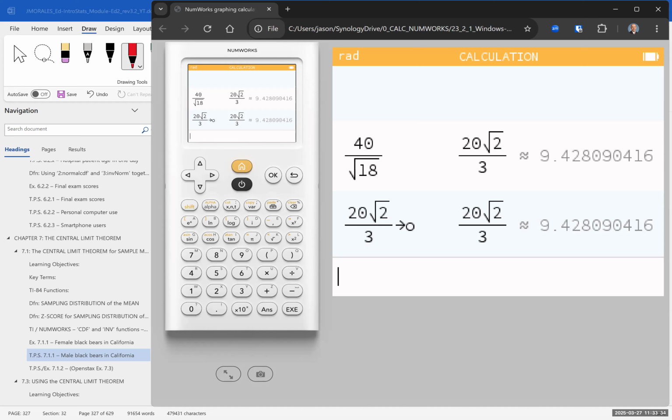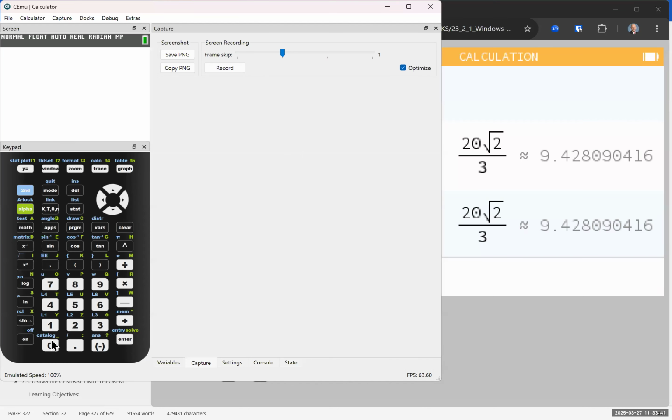Now let's do the same thing with the Texas Instruments calculator. So here I'm going to put 40 divided by the square root of 18 to get that answer. And then I'm going to store it. In the bottom left-hand corner of the calculator, there's a key, STO arrow.